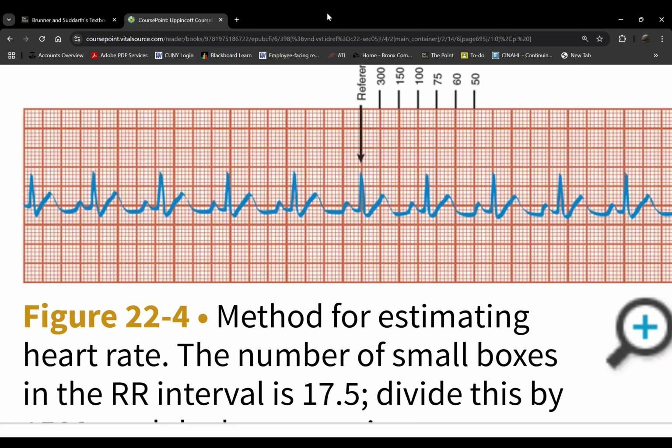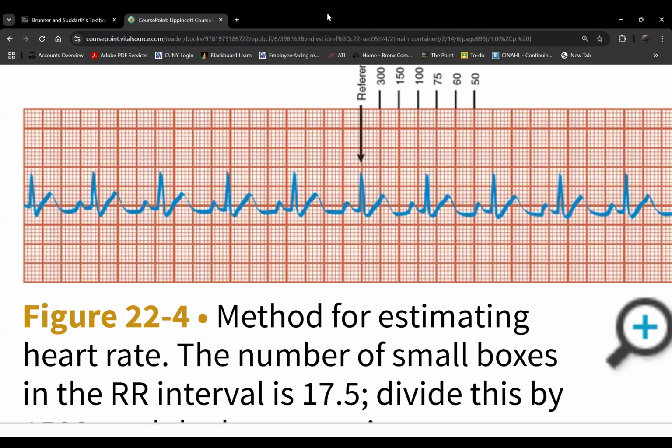And how many big boxes in 1 minute? 300. All right, so let's count the number of small boxes or big boxes between two R waves. Which two R's do you want? You pick any. Antonio, pick two R waves.